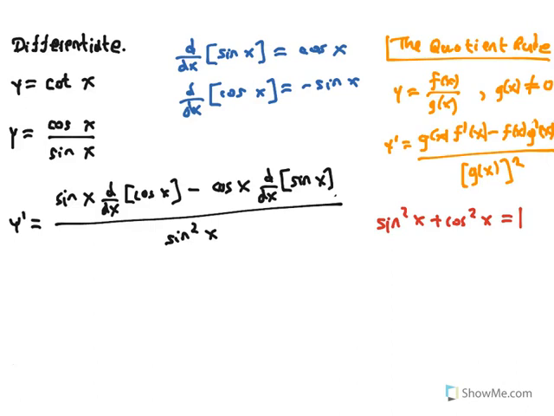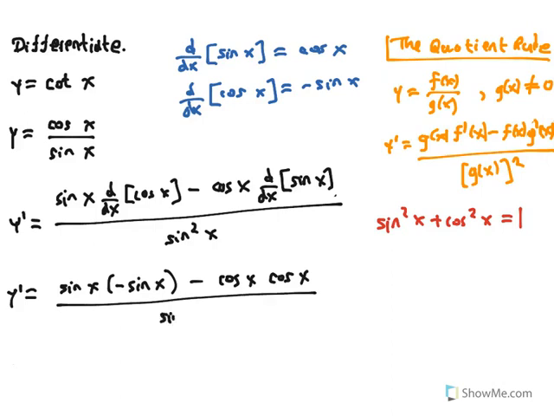So now we go ahead and follow through, and we have sine x times the derivative of cosine x. The derivative of cosine x is negative sine x, and then I have minus cosine x times the derivative of sine, which is cosine, all of that over sine squared x.